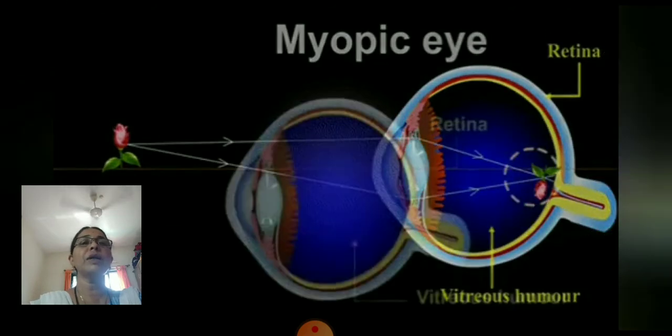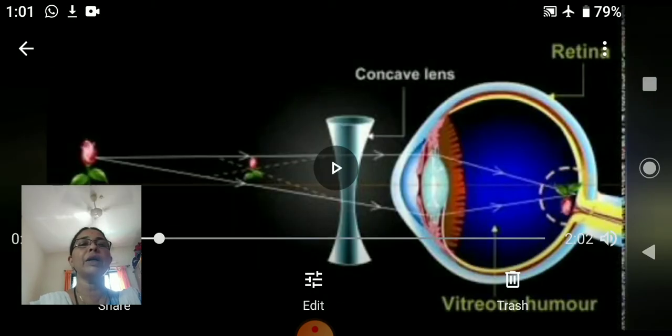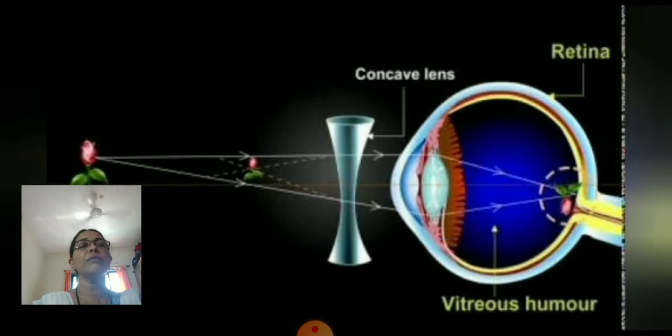The myopic eye can be corrected by using a concave lens. A concave lens has the property of diverging light, and the light is diverged after the concave lens, and then it enters the cornea, refracts, and is converged by your eye lens.